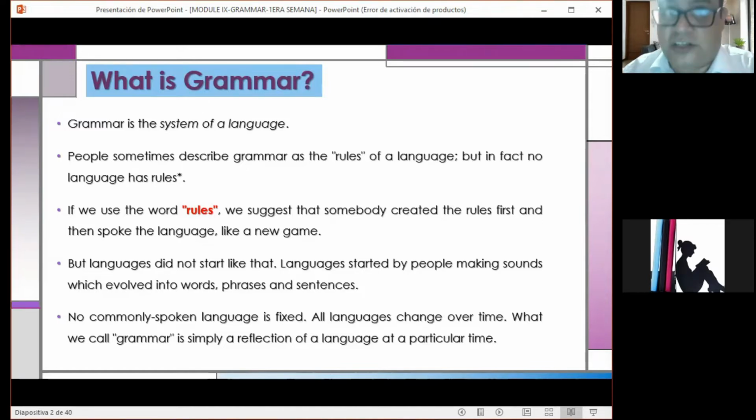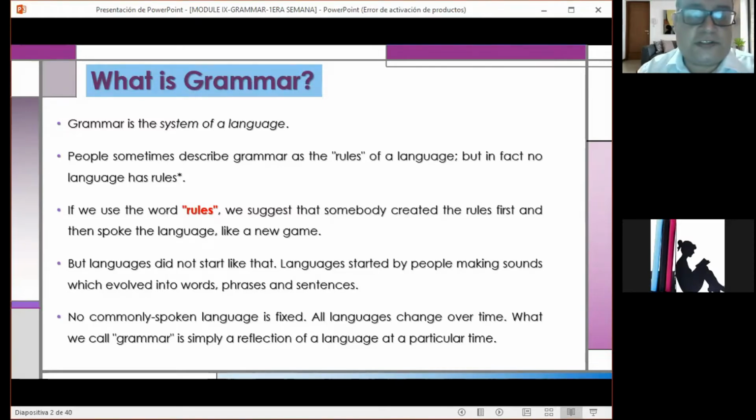For example, English has been changing. During this year, it has been changing. We could talk about 3 periods, or 3 stages, of English.